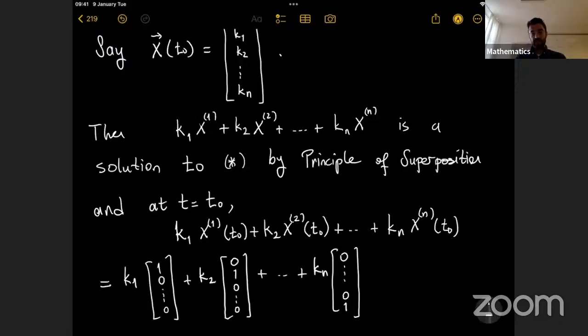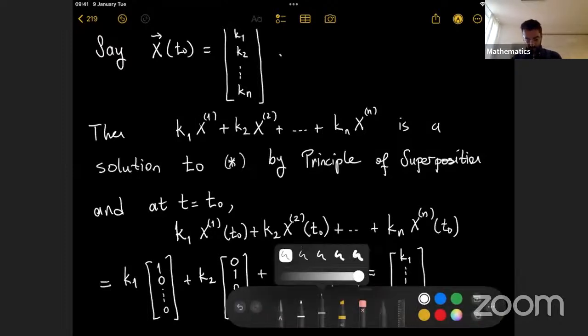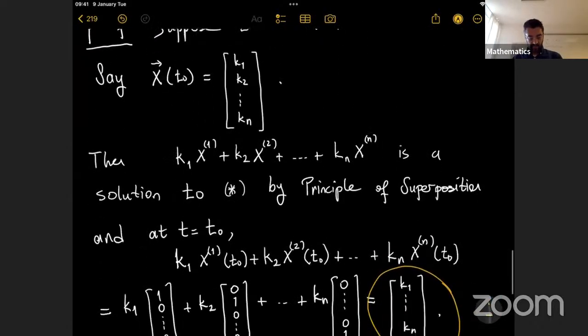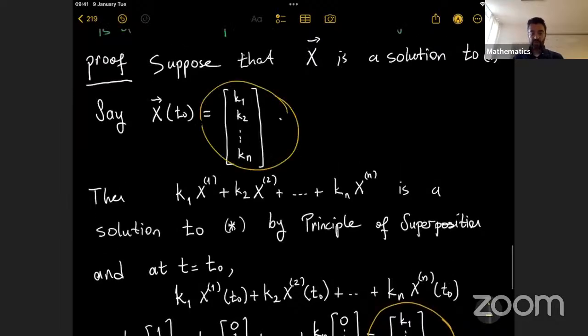So what you get is basically nothing but k1 through kn. So you see, the initial value here is the same as the initial value here.